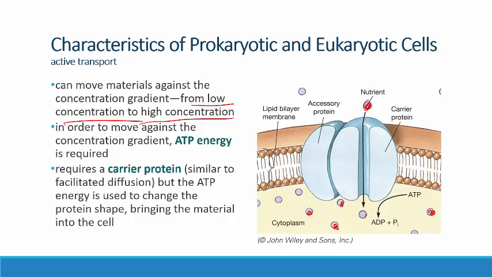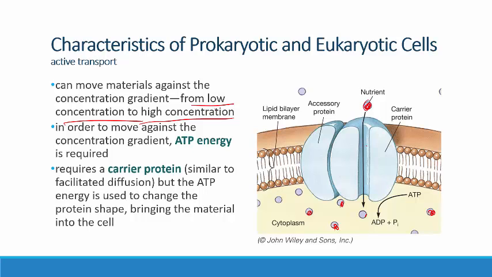And similar to facilitated diffusion, a carrier protein is used. But this time, rather than just having the nutrient cause the change in the shape or the conformation of the carrier protein, it's ATP energy that changes the shape.